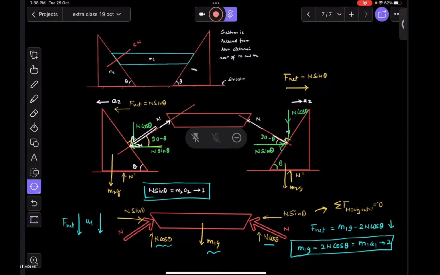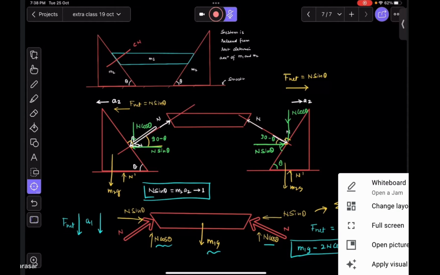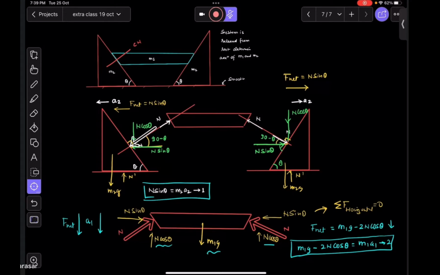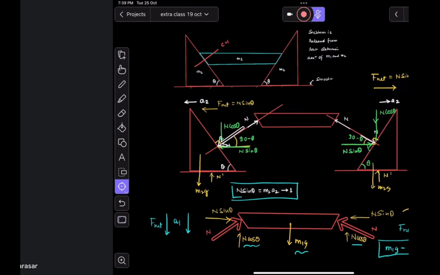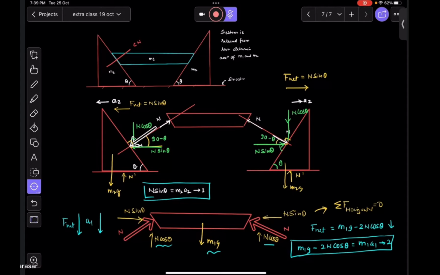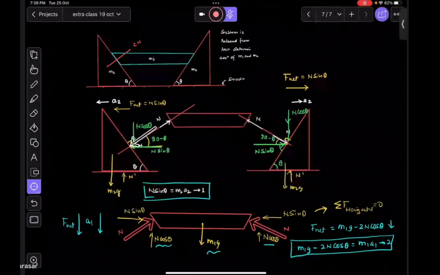All of you got it now? Copy. After copying, tell me. Aswin got it now?